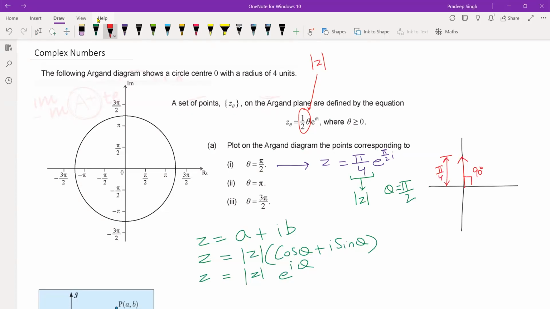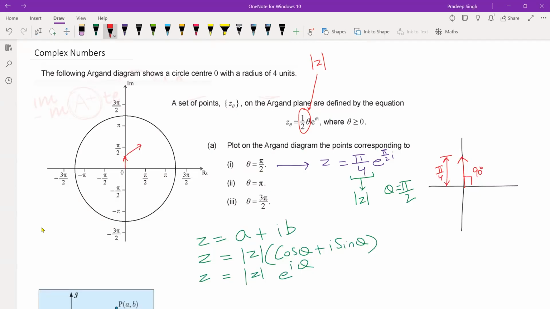Now, this is what we need to do in the diagram on the left hand side. We need pi by 4 as the length. Observe that pi by 2 is already plotted here, so half of that will be pi by 4. Let's plot a point here. If I draw a line segment starting from the origin and going upwards, we plot the point, so the point is over here.